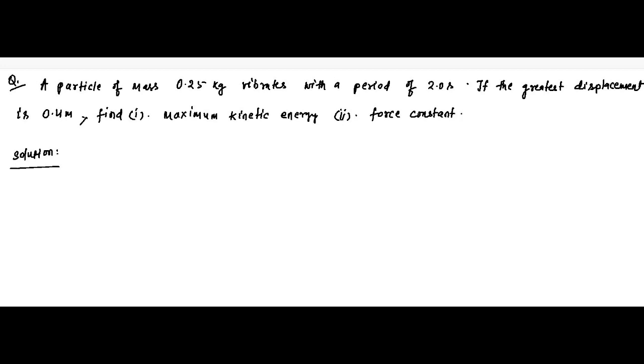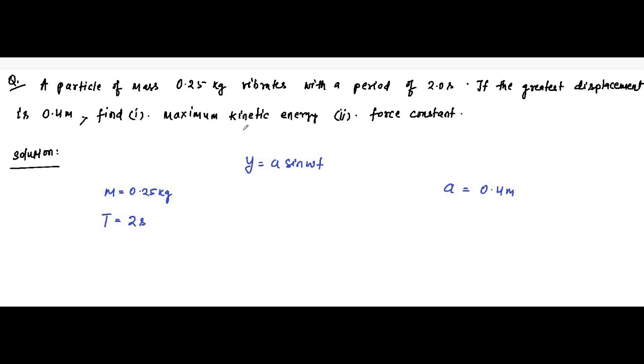First, for the particle executing simple harmonic motion, the displacement equation is this, the basic format. The mass of the object is 0.25 kg, the time period is 2 seconds, and the greatest displacement means the amplitude of SHM, that is 0.4 meter.